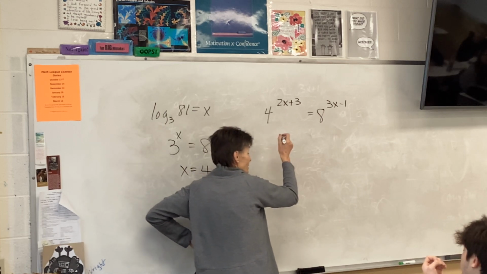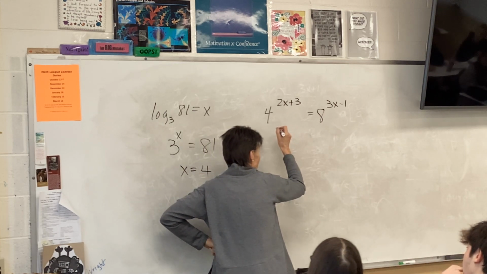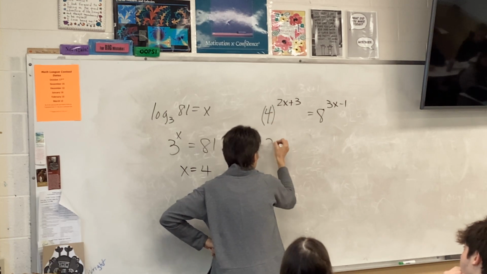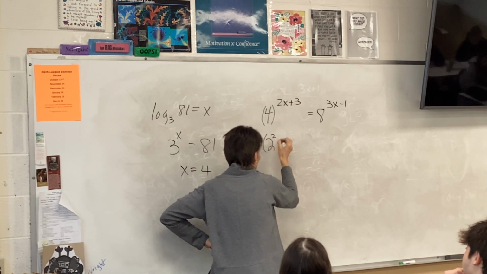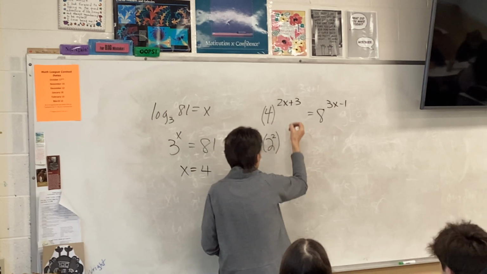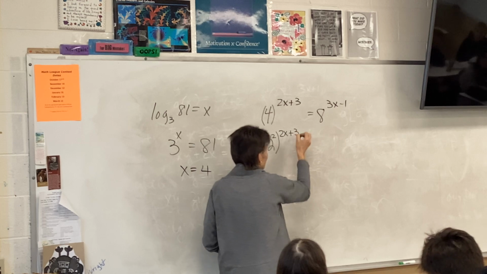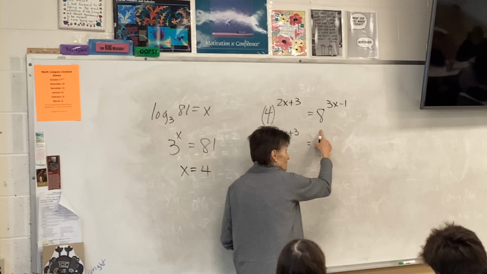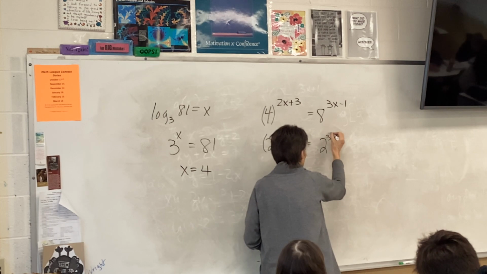Now, guys, I want you to watch this carefully. See this 4 right here? I'm going to rewrite that 4 as 2 squared. Because that's what it is, right? Now, that exponent is still there. What's 8? 2 to the 3rd.